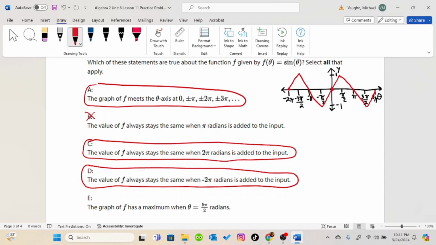That would be up at 1, so that would be a maximum. On a unit circle, 5 pi over 2 is at the top of the unit circle in the same place that pi over 2 is. If you have any questions about how I answered this practice problem, please use class time to ask for further clarification.